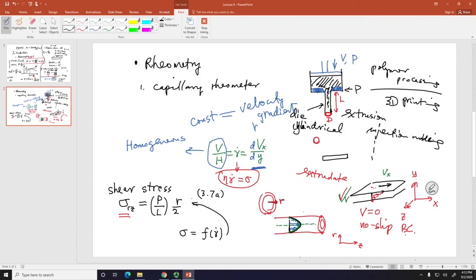It's unknown if your constitutive relationship is unknown. If you don't know this equation, if this relationship is unknown, then the velocity field is unknown. I'm making a quite important statement.